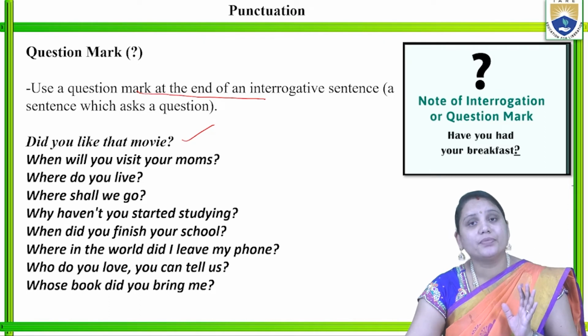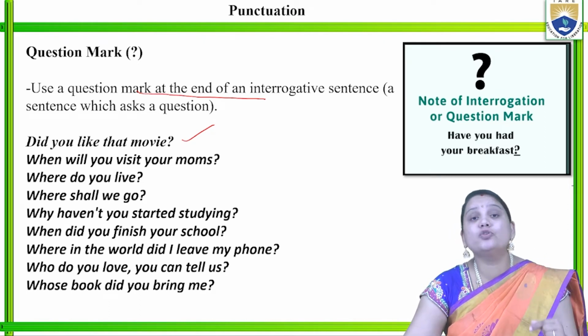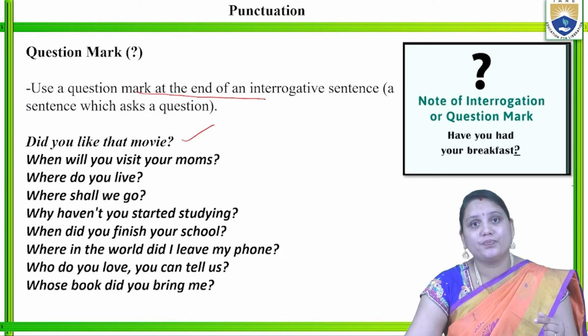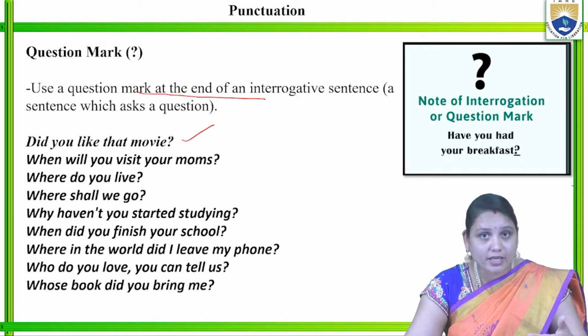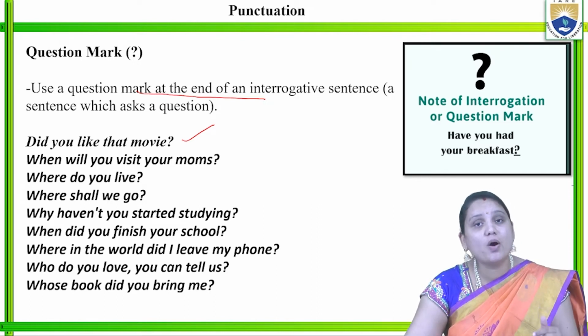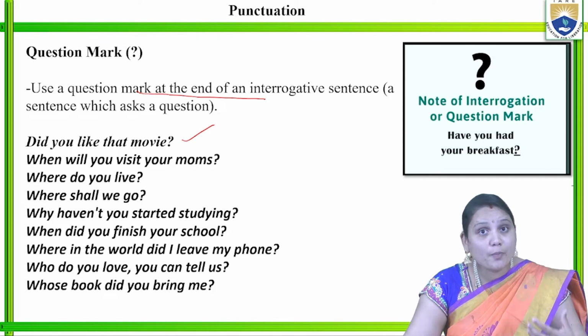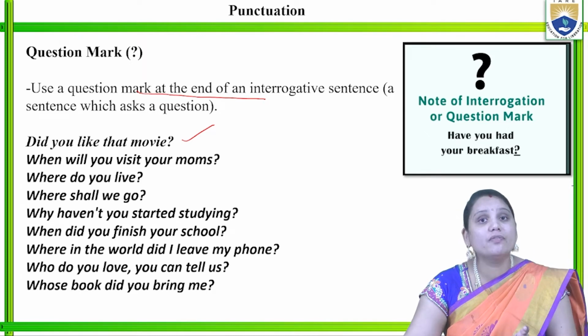But the way you integrate that punctuation in your speaking ability, in your oral communication, is the challenge. How you are going to put forward the expression of a question mark while you are talking to others is very important. While you are ending with a period, there must be a proper pause. If you are ending with a question mark, there must be an expression of a question mark.